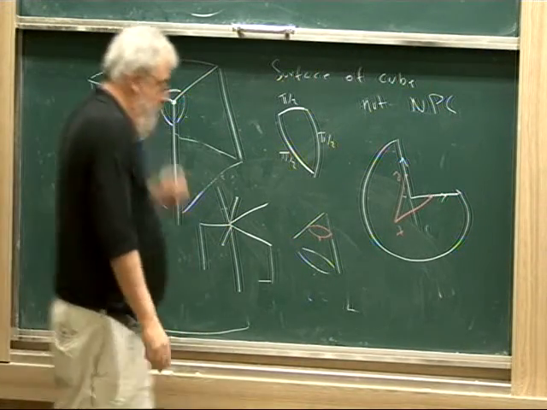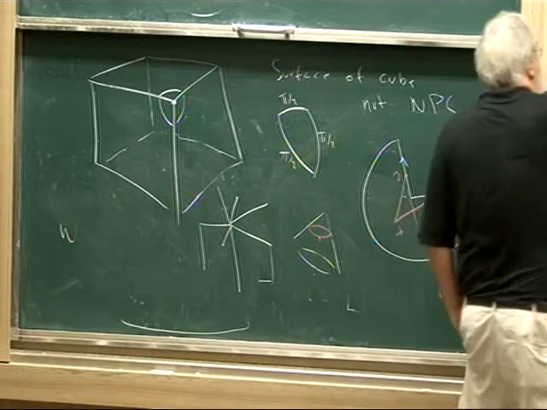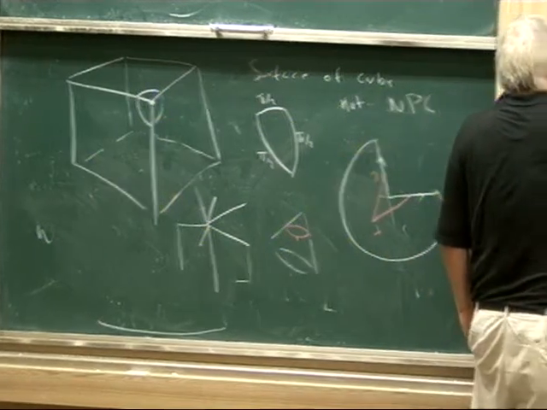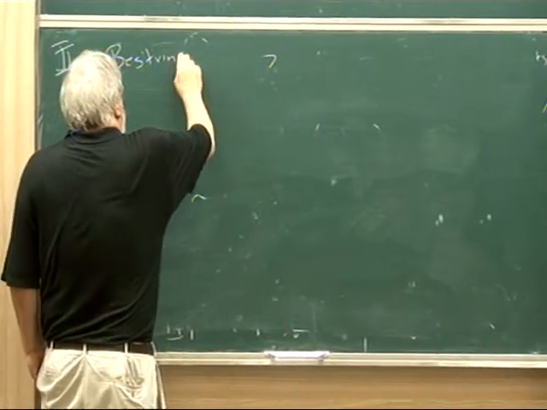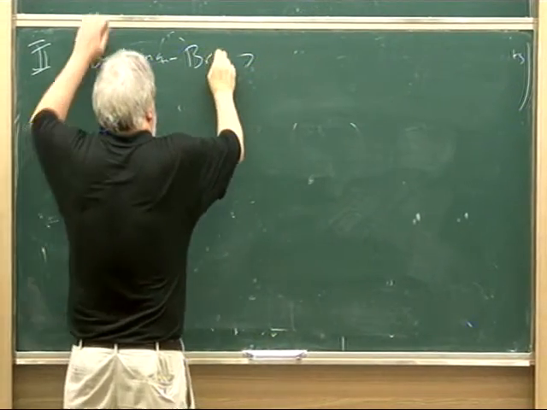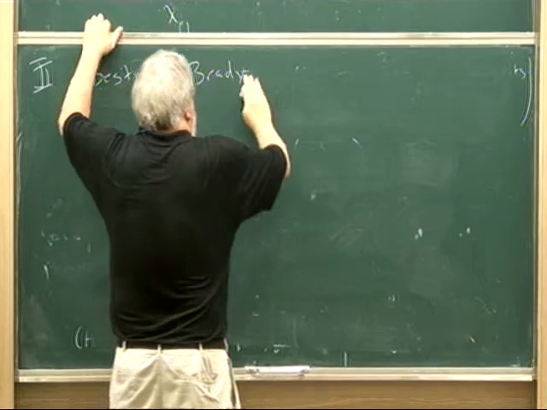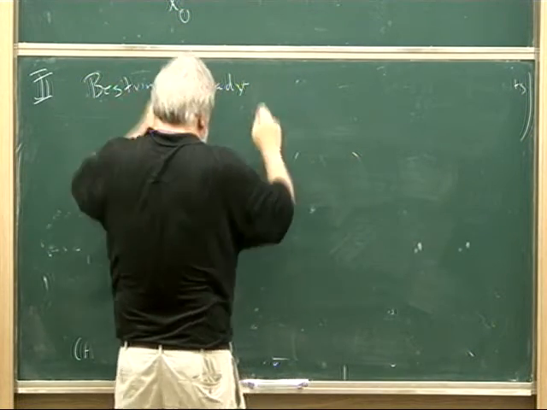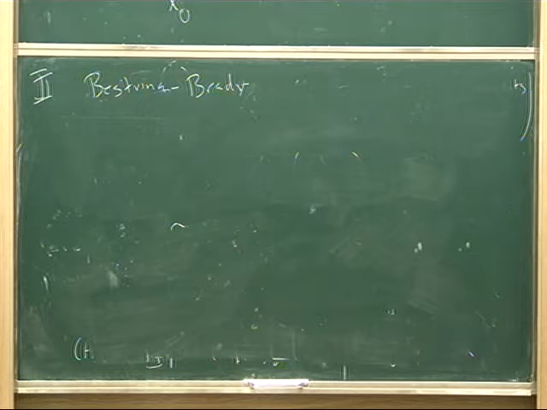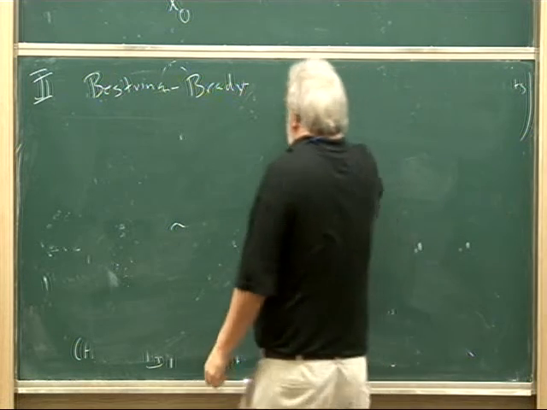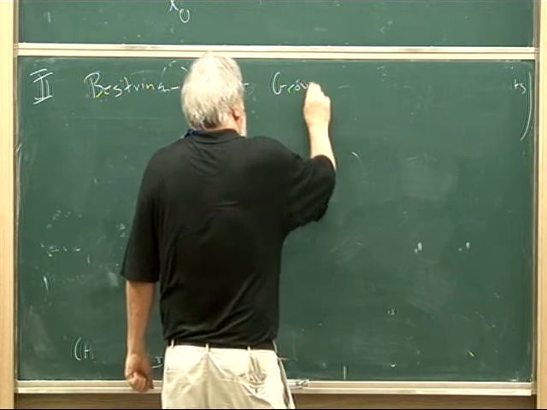Now the last part I want to talk about is this interesting application that Bestvina and Brady had to right-angled Artin groups and their CAT(0) properties.